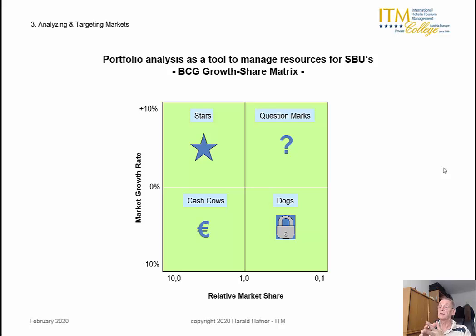The overall lesson here is for companies to have a portfolio of products, such as I have already mentioned, a hotel, for example, that has accommodations, that has food and beverage, that has banqueting, that has maybe a wellness department, and thereby is composed of a portfolio of products which are at the different stages of a product life cycle.